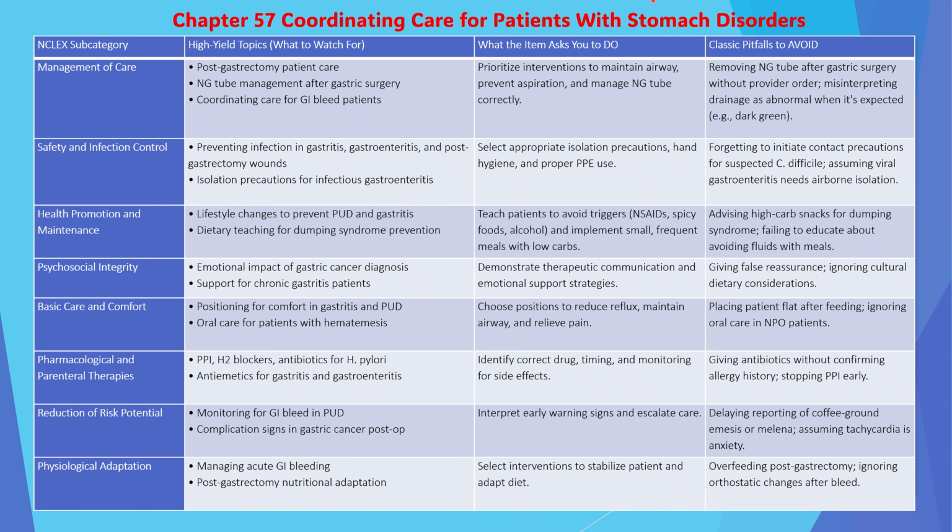Dumping syndrome is high priority. It is a specific psychosocial adaptation topic, often tested in the context of post-surgical care after gastrectomy or bariatric surgery. The key concept to master is the symptoms: vertigo, tachycardia, sweating, and cramping 15 to 30 minutes after eating.